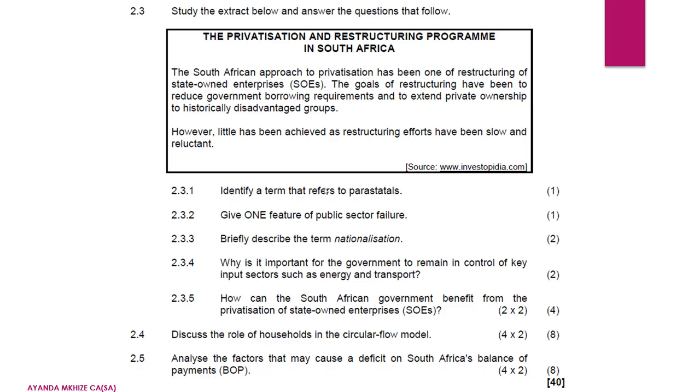2.3.1 Identify a term that refers to parastatals. We need to respond which term here refers to parastatals. Is it restructuring or is it SOE? The correct answer is SOE.